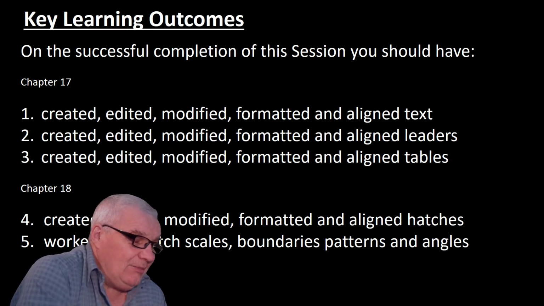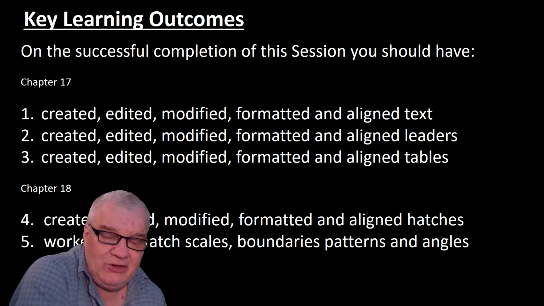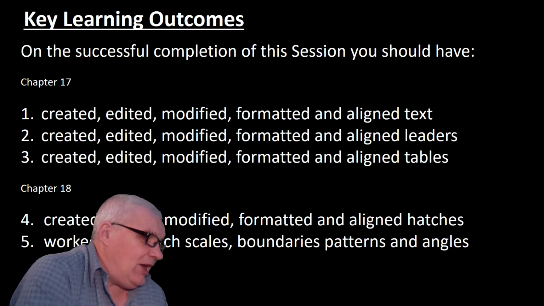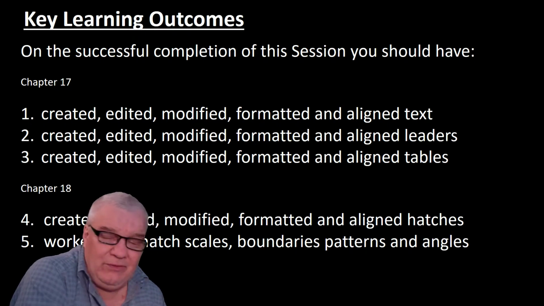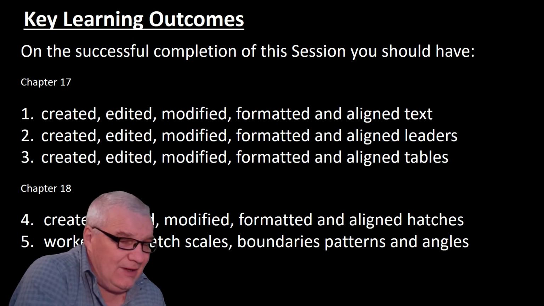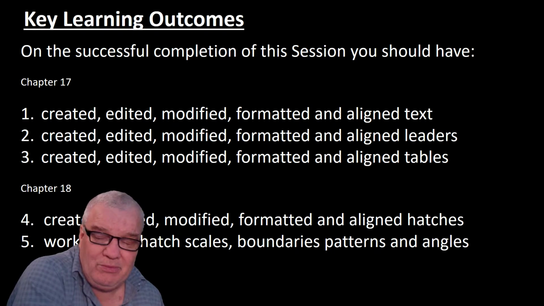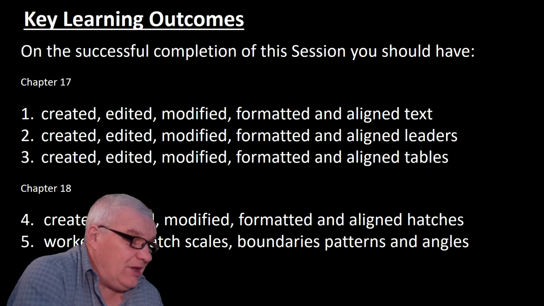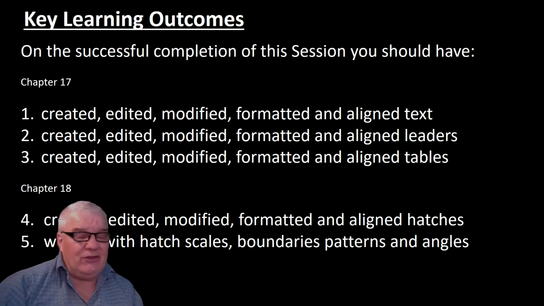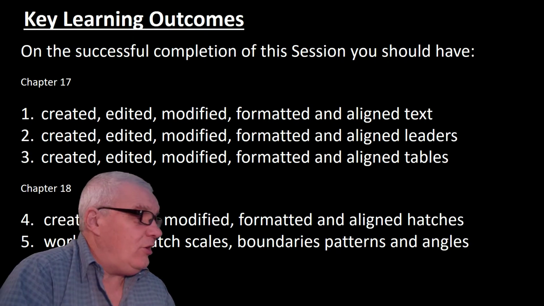So I would recommend that, particularly, hatches go in their own layer, and that they're done right at the end of things when everything is sorted and most problems have been ironed out. The hatches themselves may well identify further problems, but there'll be less of them, and it'll be easier if you leave it to the end and certainly give them hatches their own layer.